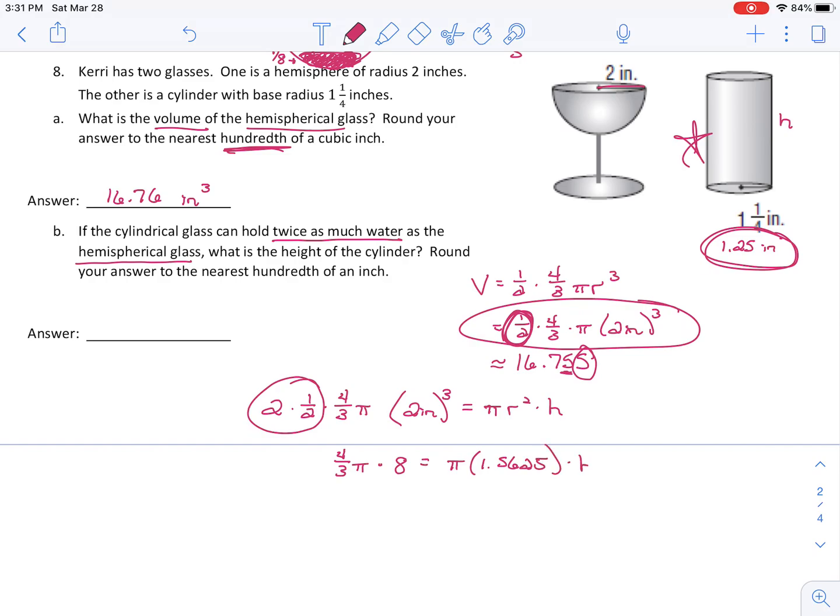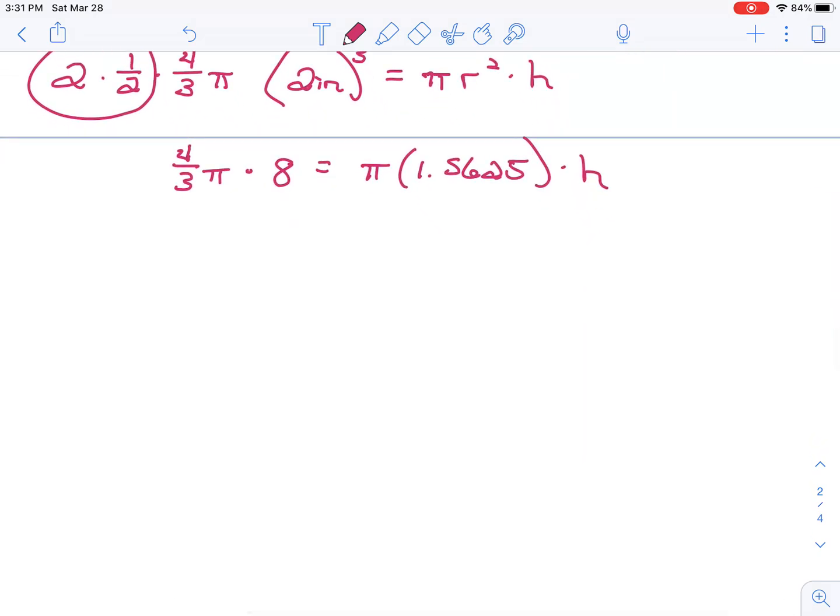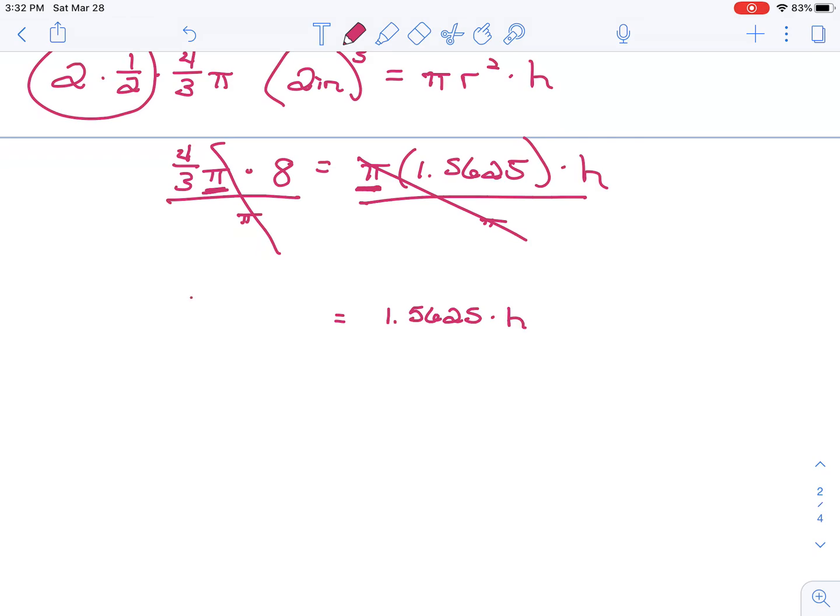And now I have to solve for my height. So it looks a little unpleasant, but it actually isn't too bad, especially because at bare minimum we got pies on both sides. Let's get rid of those. So that's something. Really then, to get h by itself, I just need to divide by that 1.5625.